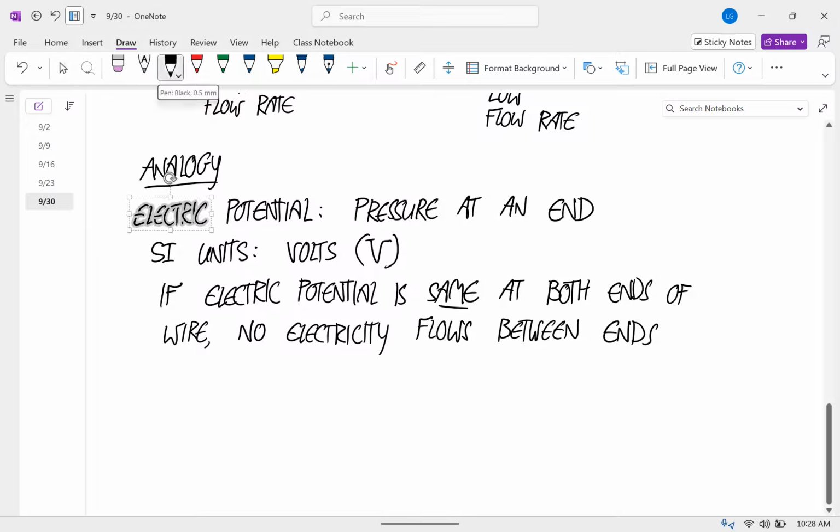Voltage. So let me say one more thing about electric potential. Electric potential is something you could measure at a single point, okay?